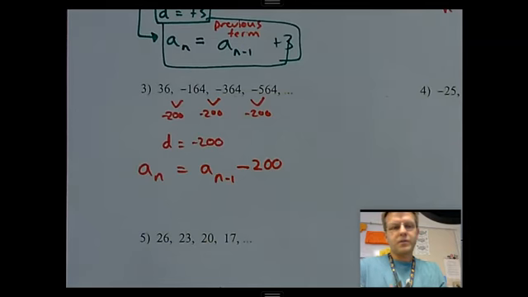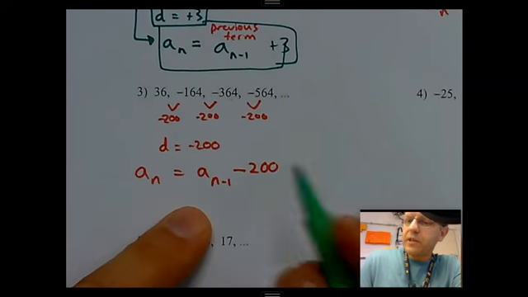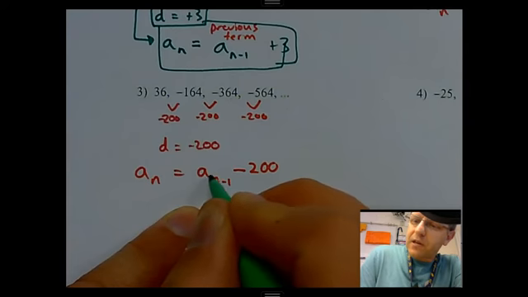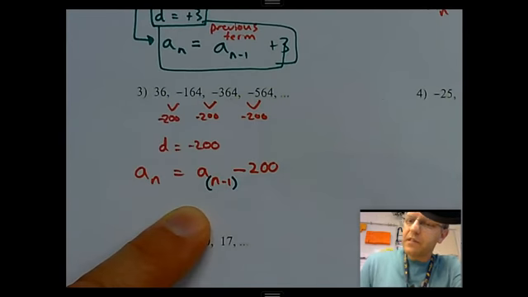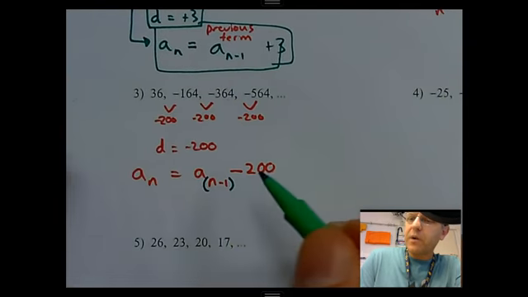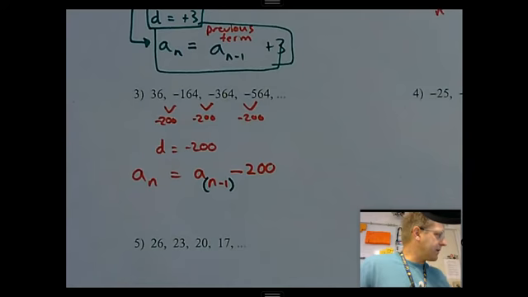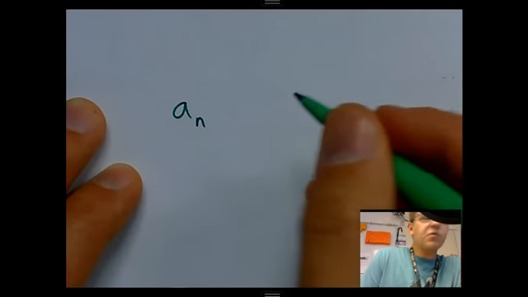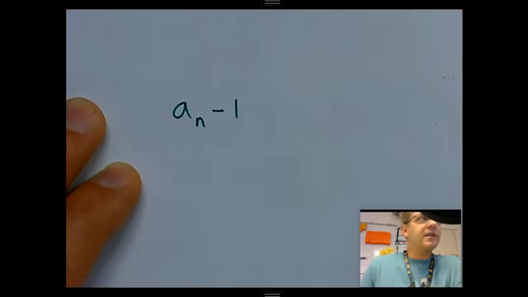Now, a quick note. When you put these quizzes into the computer, if you want subscripts like this, you will have to put parentheses around that n minus 1. When you try to type it, you'll see that otherwise the minus 1 pops out. Let me just show you what I mean. If you type it on the computer and you just type minus 1 after that, it looks like this, and that's not right.